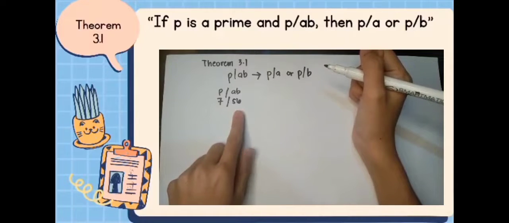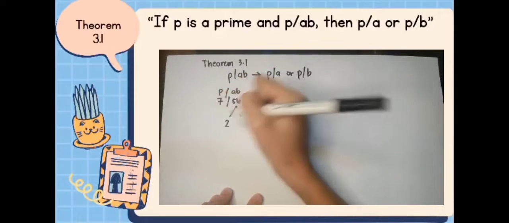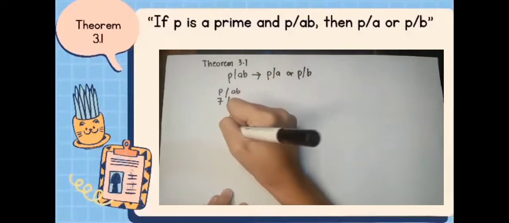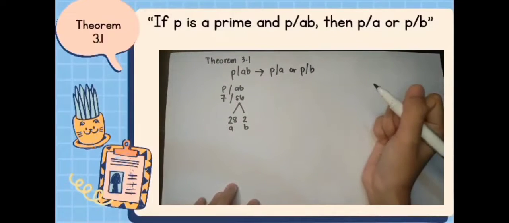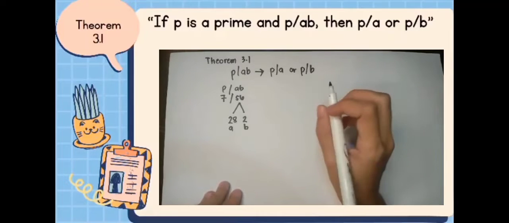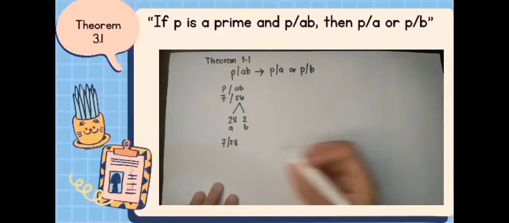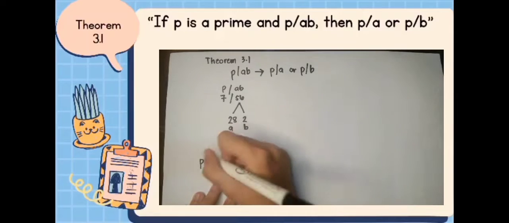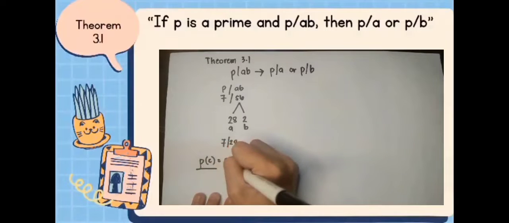Now we have to go back to the 56 and find its factors. We have to choose a factor pair that has at least one number divisible by 7. So let's choose 28 and 2. Our A would be 28 and our B would be 2. Now we have to prove either P divides A or P divides B. We can use the formula P times a constant equals A, so we have to get the constant. We should also remember that the constant should be a positive integer.